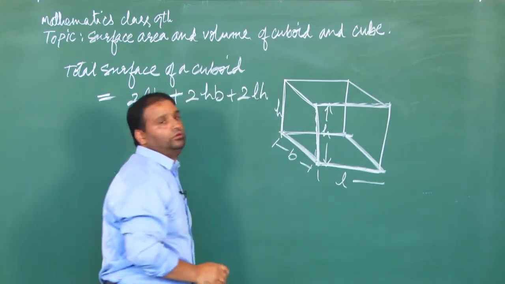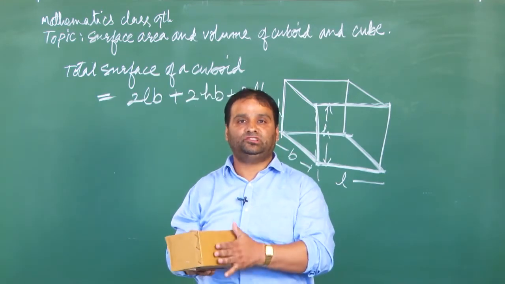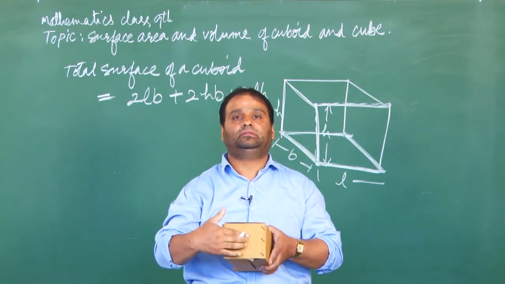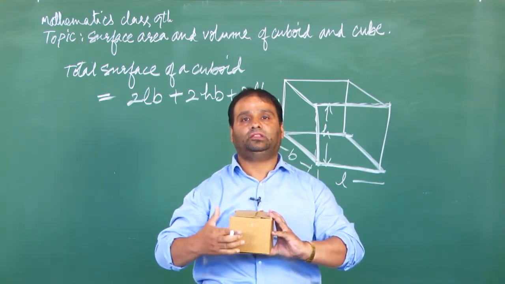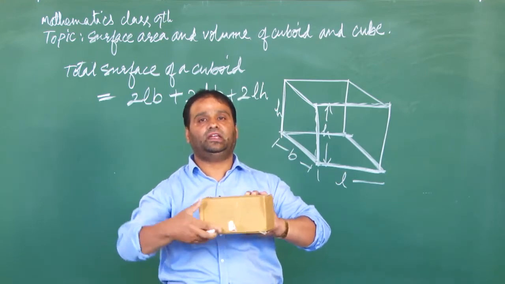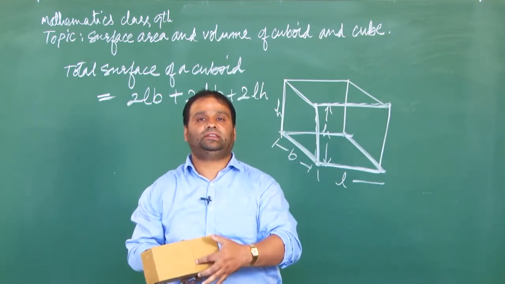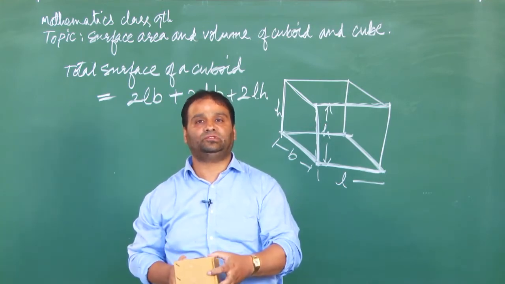These are 2 rectangles opposite to each other, have same dimensions, like this rectangle, and opposite to that rectangle is this one. They have same dimensions. The rectangle on that side and opposite to it has the same dimensions, and this rectangle and opposite to this has same dimensions.